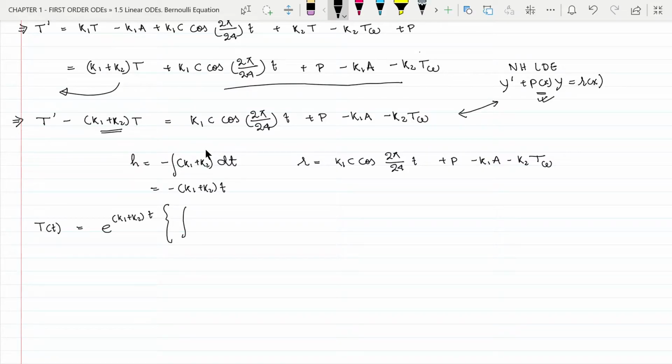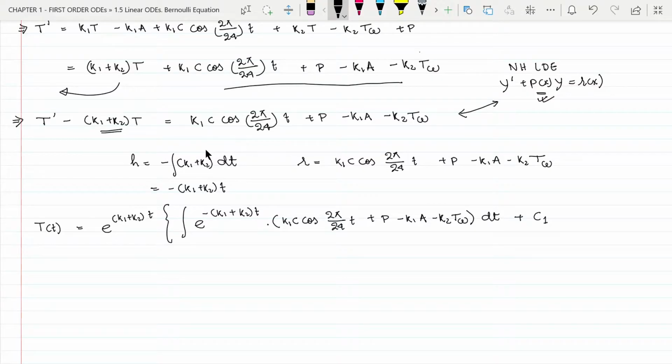multiplied by integration of e to the power h, which is e to the power minus K1 plus K2 t, multiplied by r of x, which is K1C cos 2 pi by 24t plus P minus K1A minus K2 T omega, dt plus constant of integration.